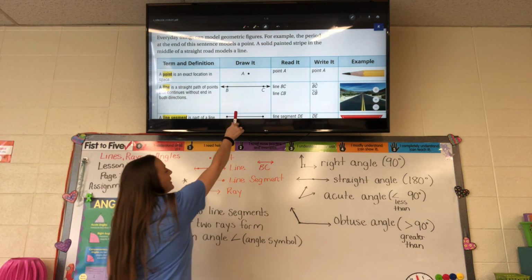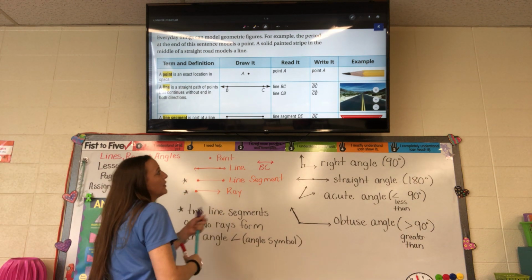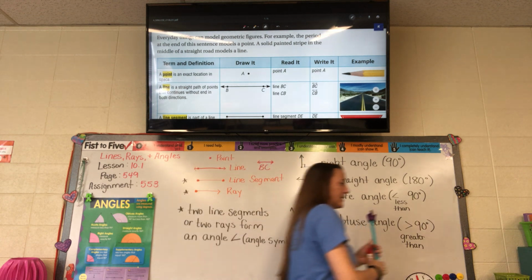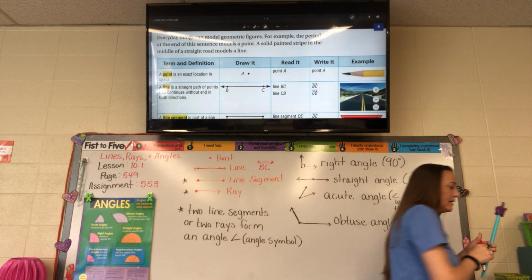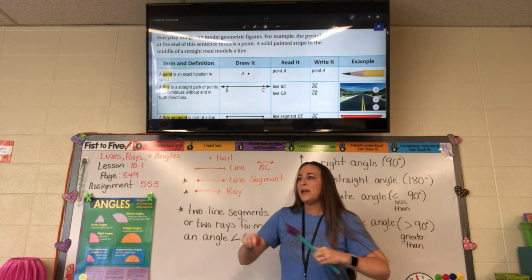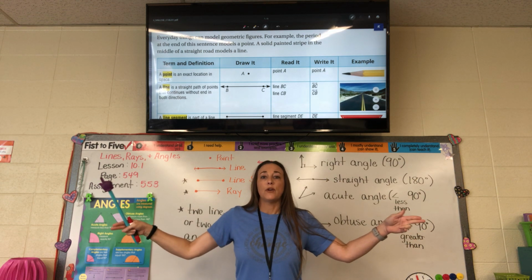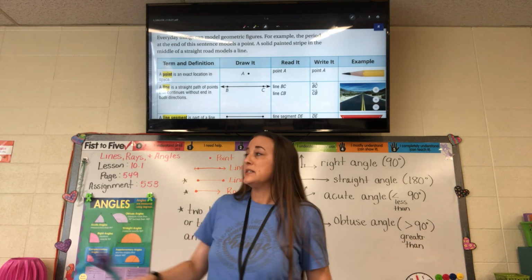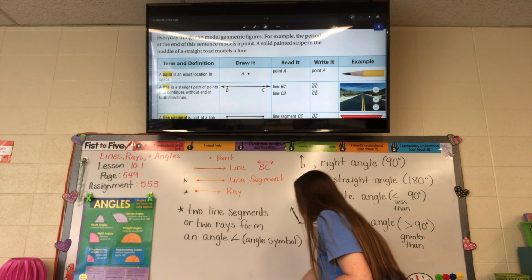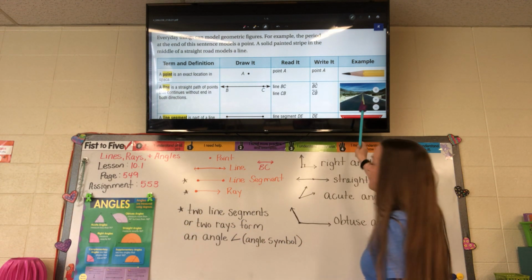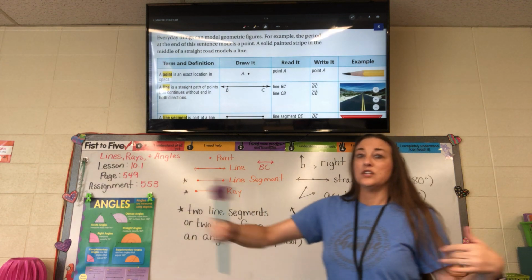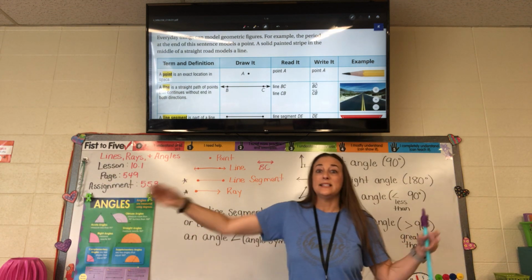So that would be line BC or CB. And lines, the way I think of them, the arrows tell you they go on forever in both directions, kind of like the lines on a road. They just keep going and going. You can't really see an end.